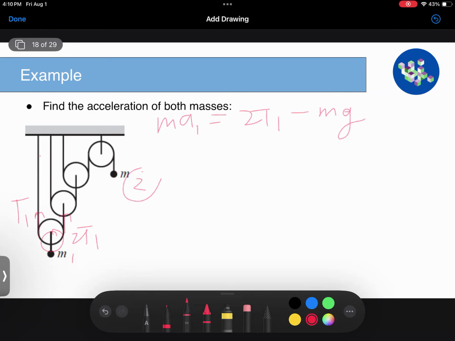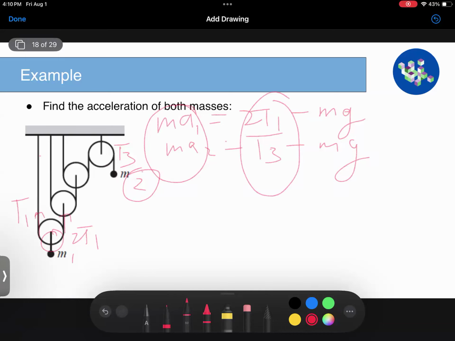And then over here, because there are 3 total strings, this will be T3. So m a2 equals T3 minus mg. Now, how do I solve for a1 and a2? Well, I need to know T1 and T3, right? How do you find T1 and T3?